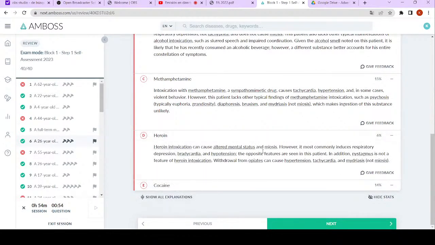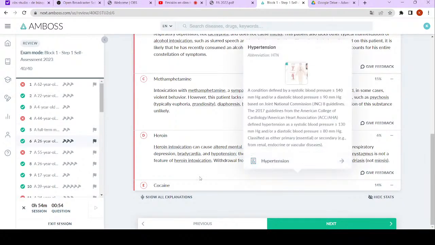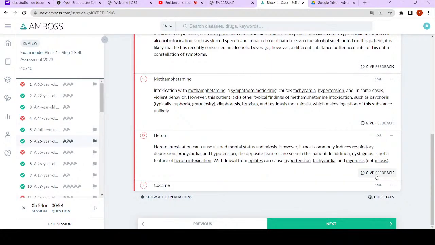Heroin is an opioid, so it causes meiosis. However, it most commonly induces respiratory depression, because it's a depressant, bradycardia, hypotension, the opposite features. And nystagmus is not a feature of heroin. Actually, it's not in a withdrawal, right?